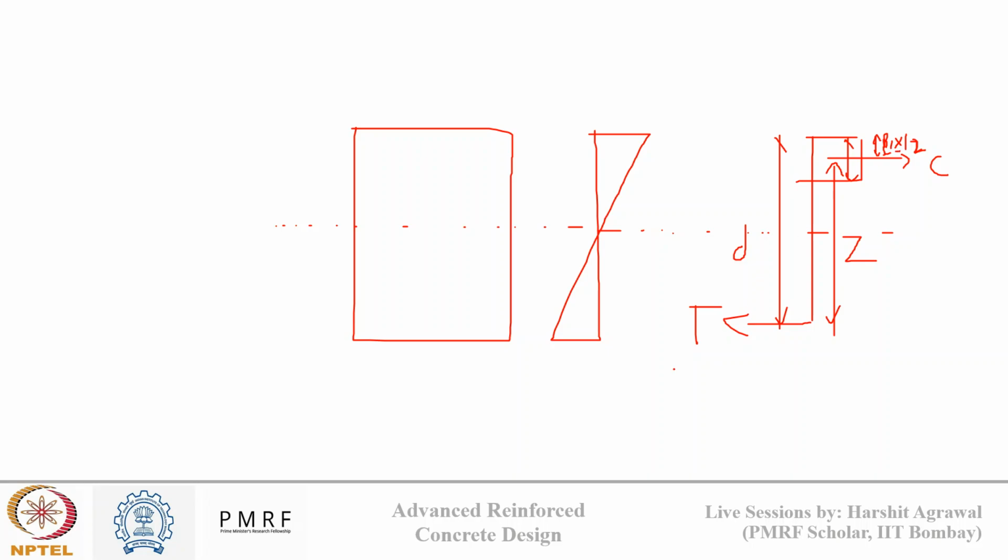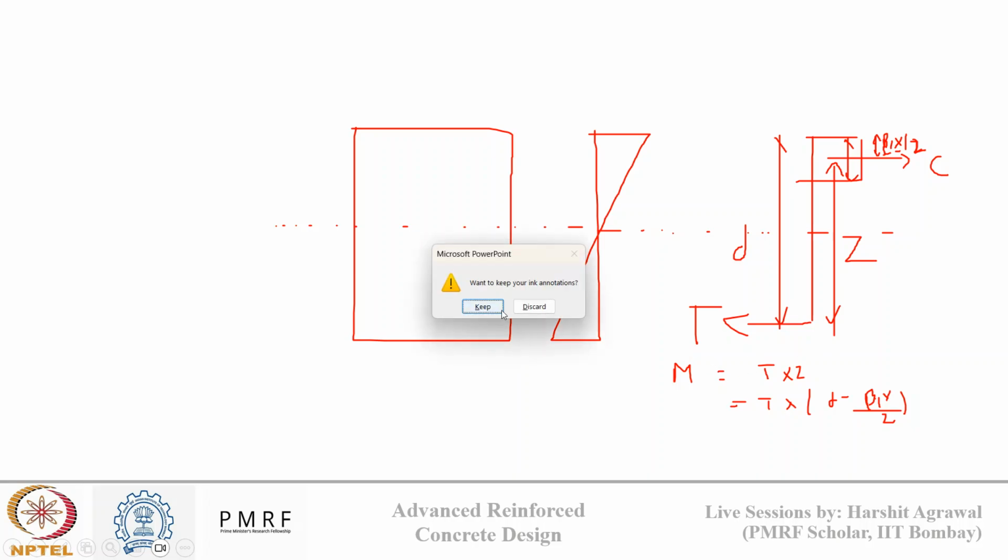So the moment of resistance is nothing but T times Z, which is T into d minus beta 1 x by 2. This is how we calculate the moment. The same thing I will do here.